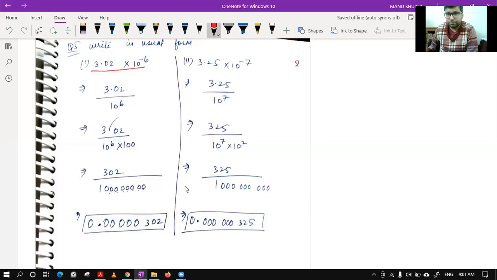That means we can write this as positive power also in this way. What we have done is we have taken that number in the denominator. After that, you can just open that decimal and you will get 100 more. So now you have 10 power 6 into 100, it becomes 10 power 8. That means 1 and 8 zeros.